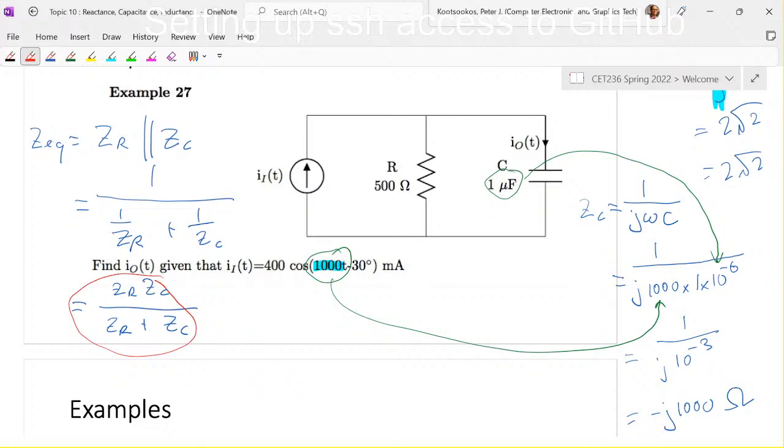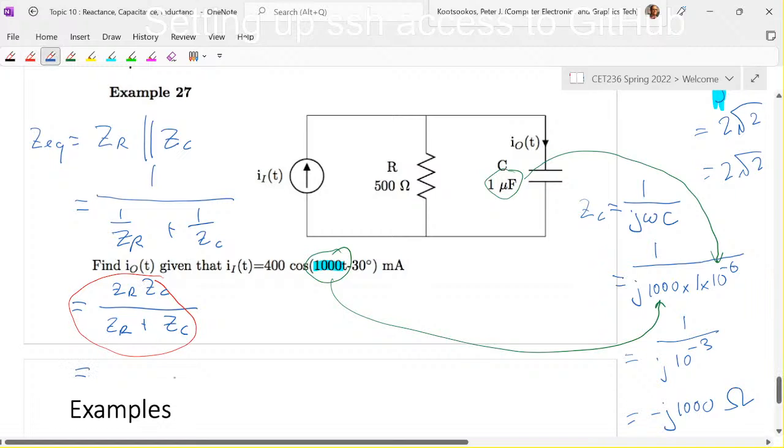Okay, so that means our Z equivalent is 1 on 500 plus 1 on minus J 1000.